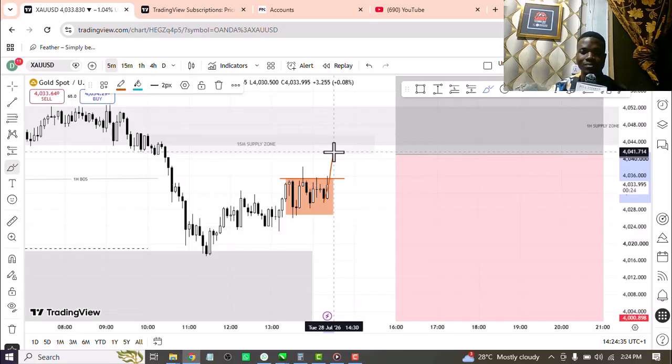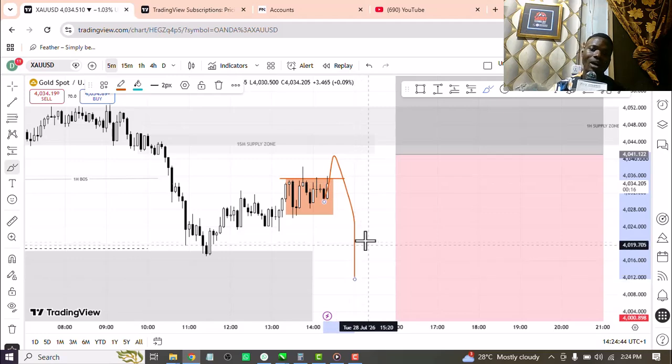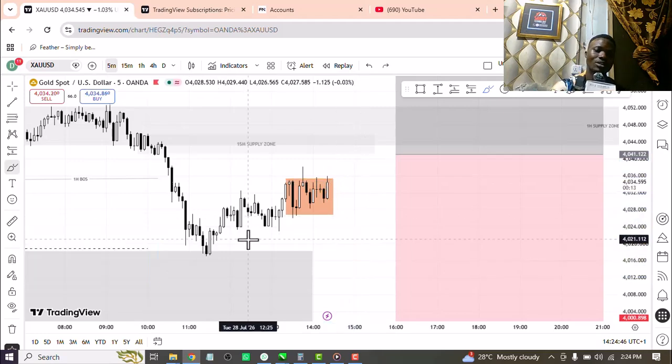My trade idea will align with the market then, and I can look to sell the currency. This is just a tip to help you understand how liquidity works.